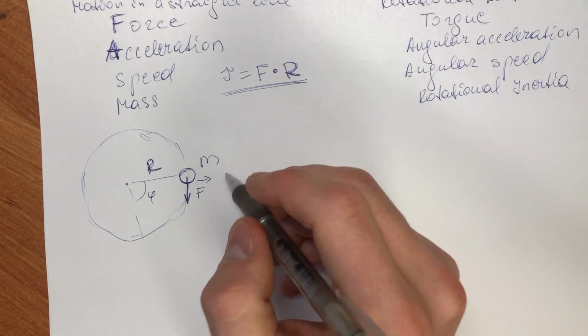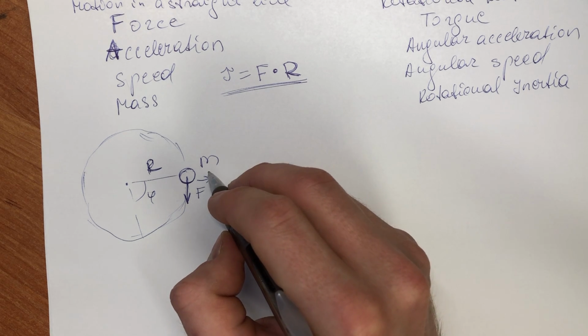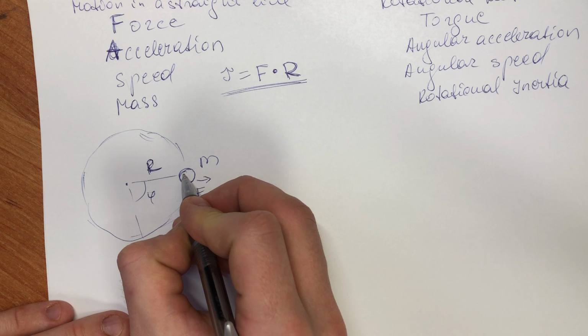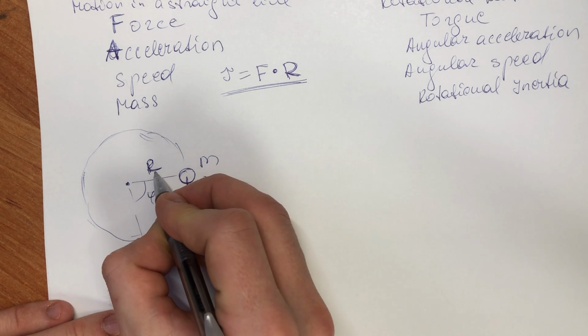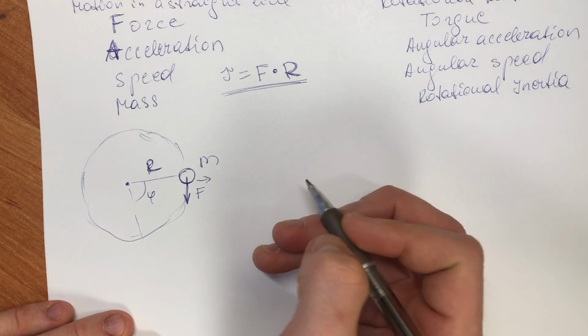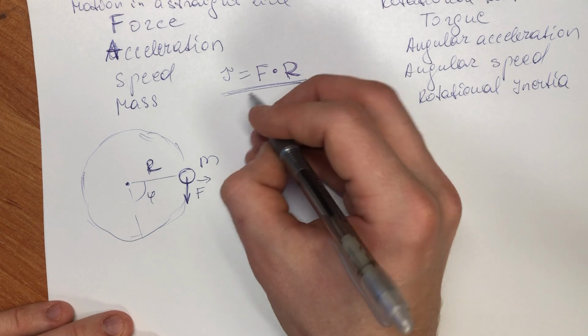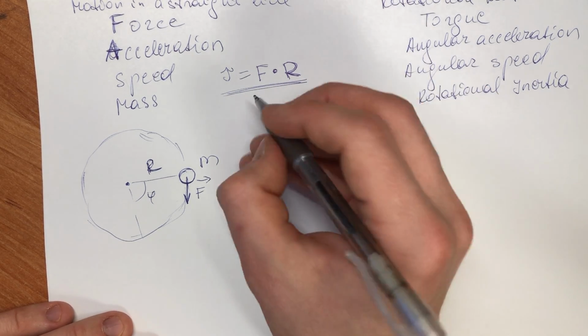The same goes for mass. When mass is further away from the center at radius r, or from the axle, the bigger the inertia is.